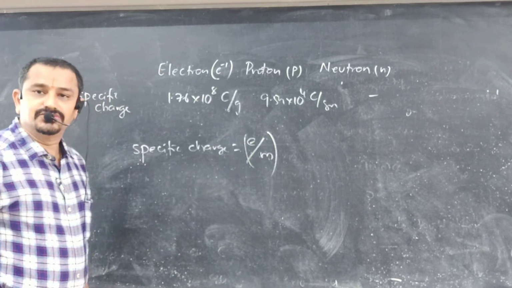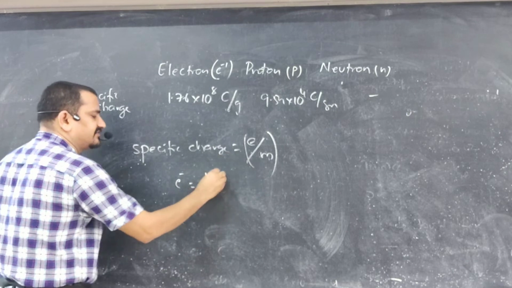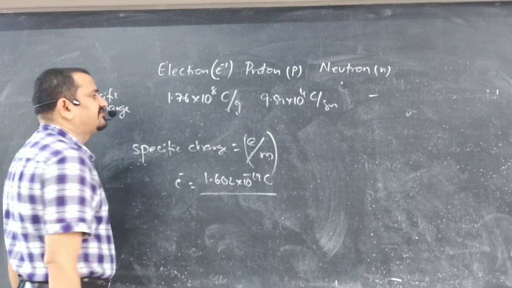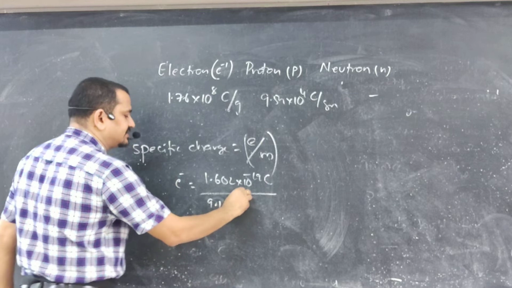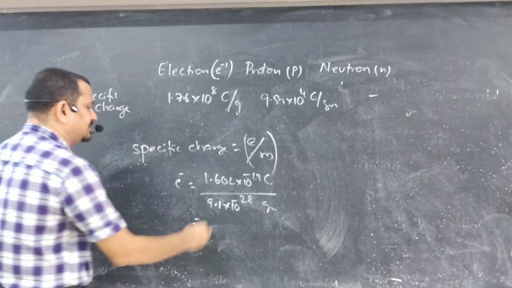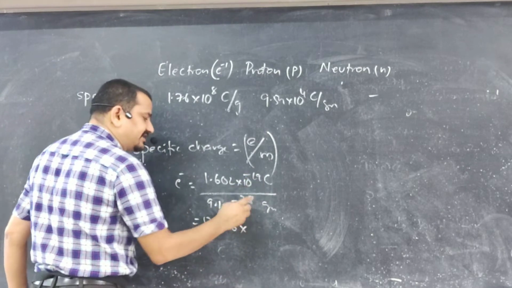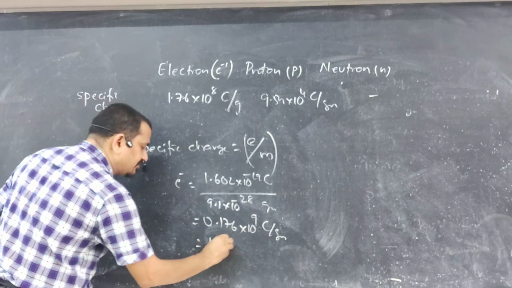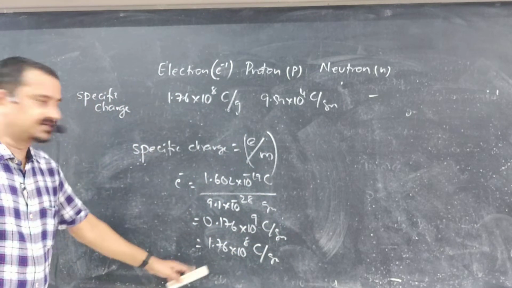For electron, what is the charge of electron? 1.602 into 10 power minus 19 coulombs over the mass of electron in grams, 9.1 into 10 power minus 28 grams. On simplification, 1.6 by 9.1 means 0.176 into, on cancellation of 19 with 28, 10 power 9 coulombs per gram. So on simplification it is 1.76 into 10 power 8 coulombs per gram. Right? This is for electron.